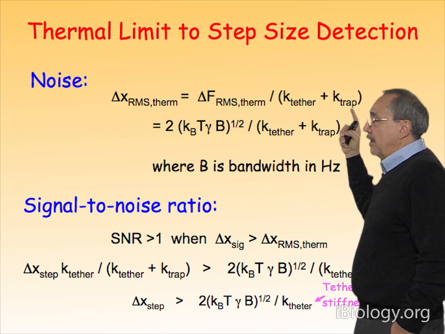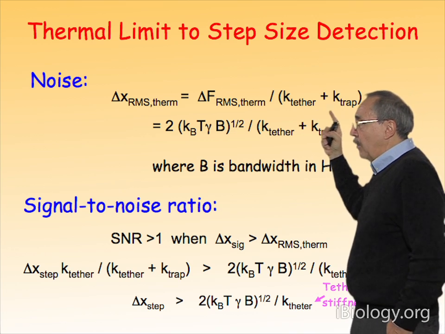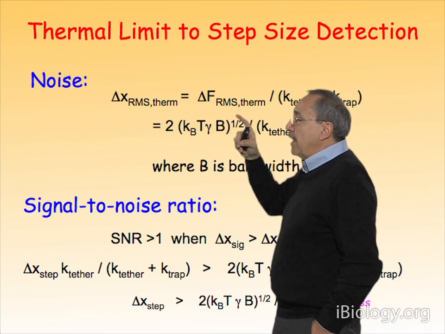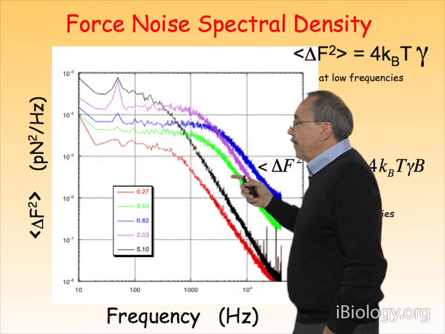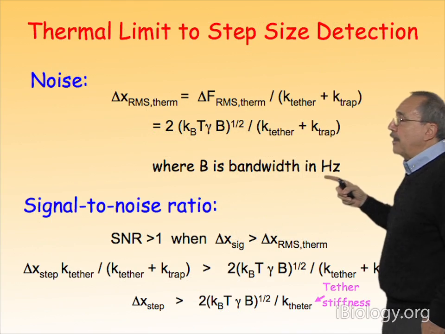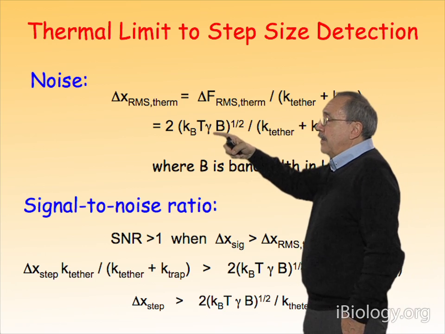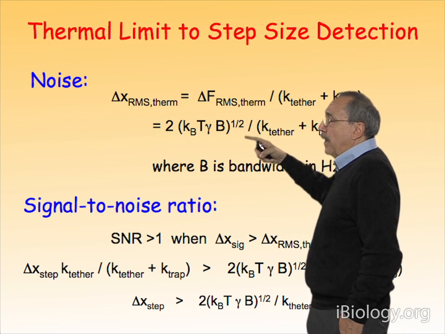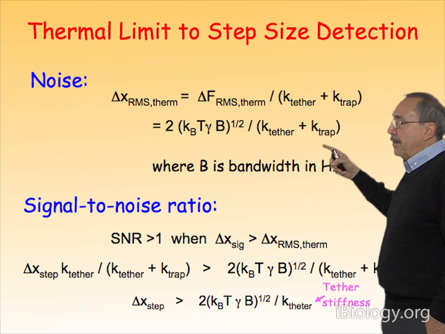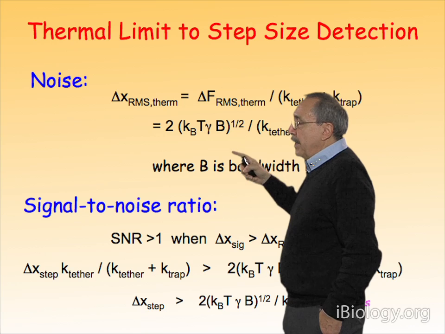Because I told you that this is an effective kappa or stiffness that is equal to the sum of these two. I know the quantity in the numerator because I just showed it to you: it is 4 kBT gamma B. So I can put it there in the numerator, take the square root because it's root mean square, and the 4 becomes a 2, and then the rest is inside this square root, to the one-half. Divided by k tether plus k trap, where B, remember, is the bandwidth of the measurement in Hertz.